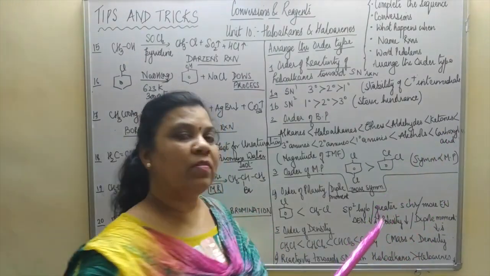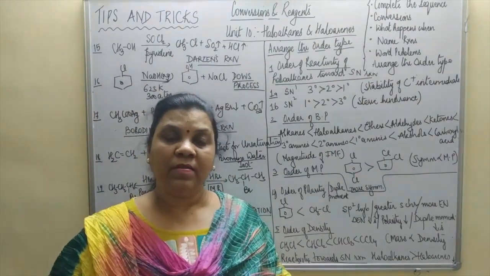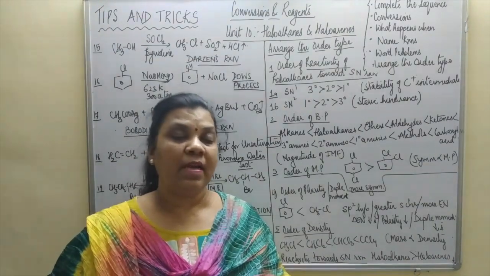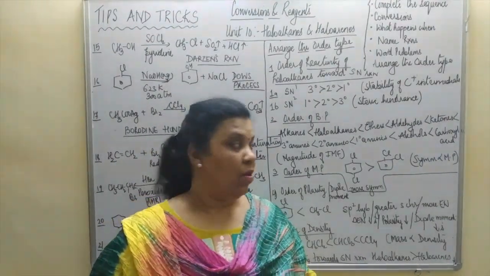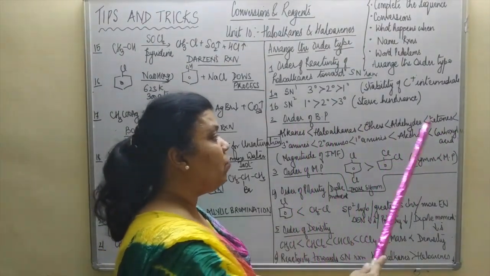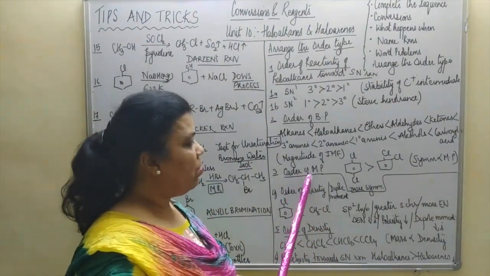And finally, carboxylic acids have the maximum boiling points among all classes of compounds because they have extensive hydrogen bond formation which results in dimeric association. So remember, this general order will help you to solve the reasoning questions and the arrange-the-order type questions also.